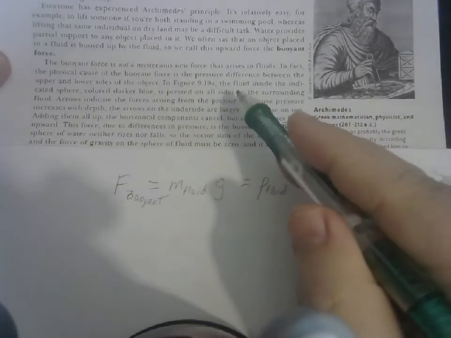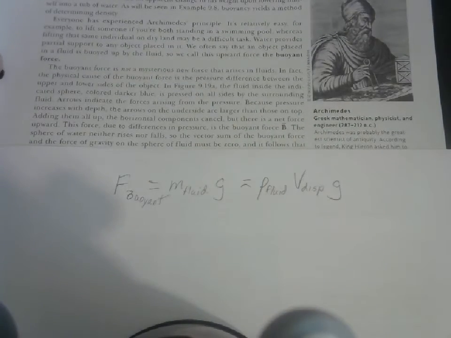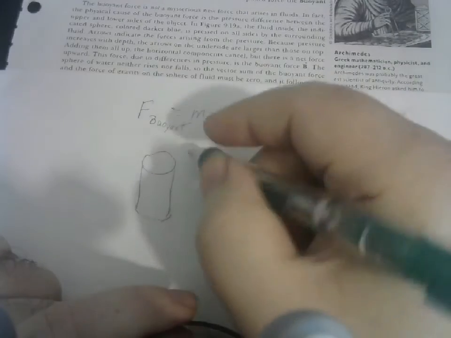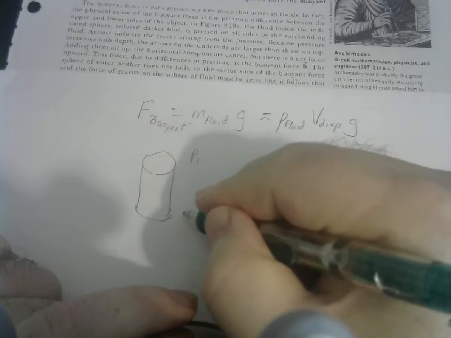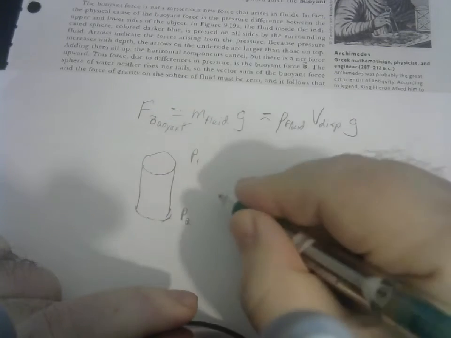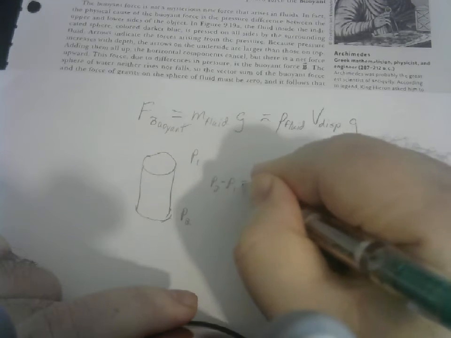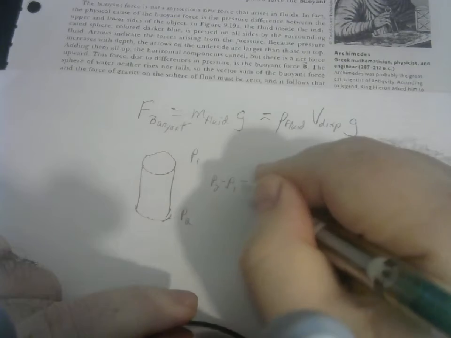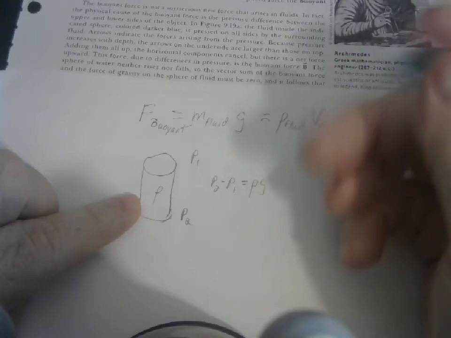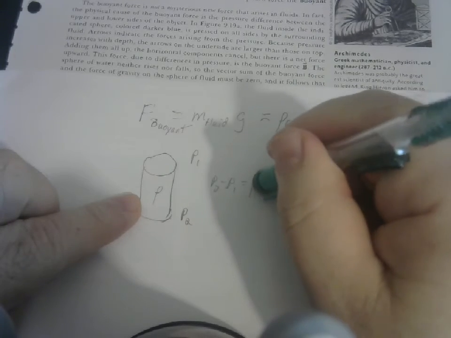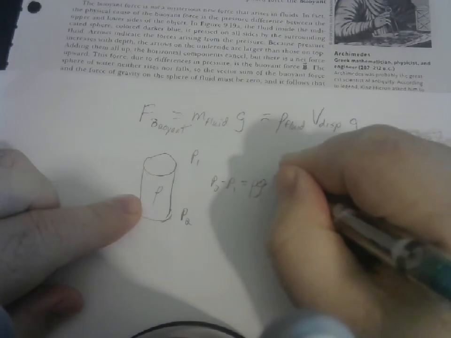It arises from the pressure differences between the upper and lower sides of the object. Remember, if you have a pressure 1 up here and a pressure 2 down here, pressure 2 minus pressure 1 is equal to the density of the substance times g times h, rho g h.